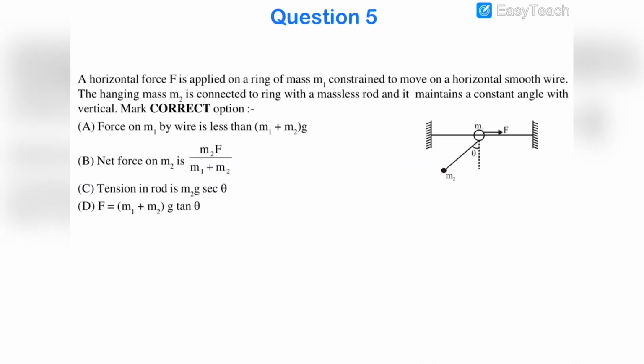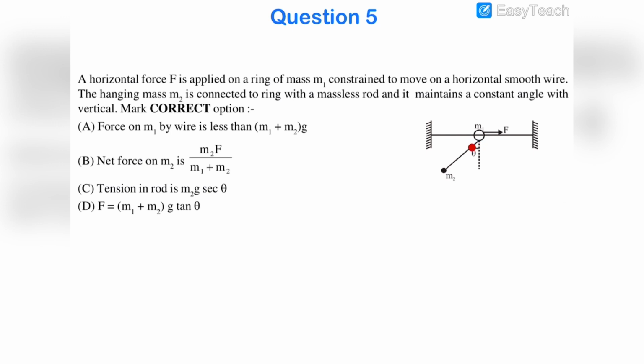In this question, you can see that there is a rod which is clamped between two walls, and there is a ring of mass m1. This ring is constrained to move on this horizontal rod, and there is a smooth wire connected to the ring, and from the other end this wire is connected to a ball of mass m2.